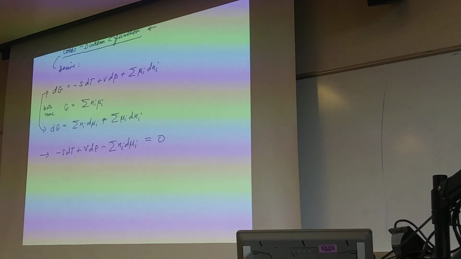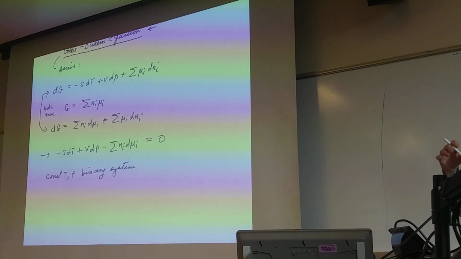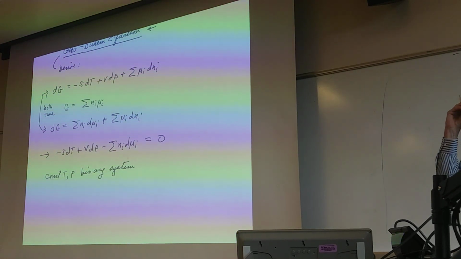So let's look at constant temperature and pressure, binary system. I'm making an approximation here because if I fix both the temperature and the pressure, I'm over conditioning the system.